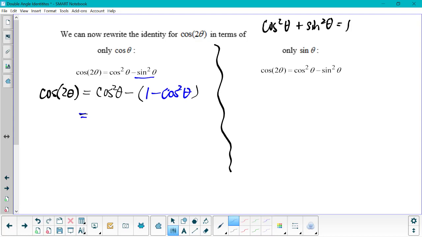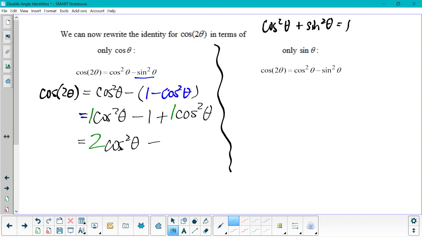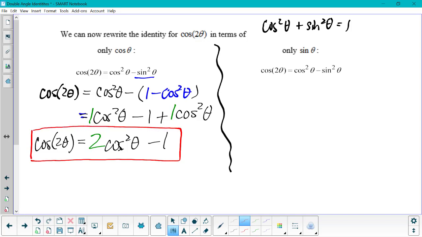Distribute the negative. So minus 1 plus cosine squared theta. And then I have 1 cosine squared theta plus 1 cosine squared theta is 2 cosine squared theta minus 1. So here is another identity for cosine of twice an angle that involves only cosine, which will be helpful at times.